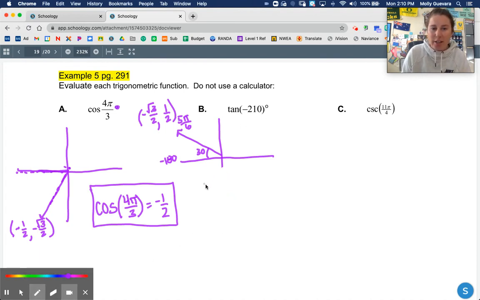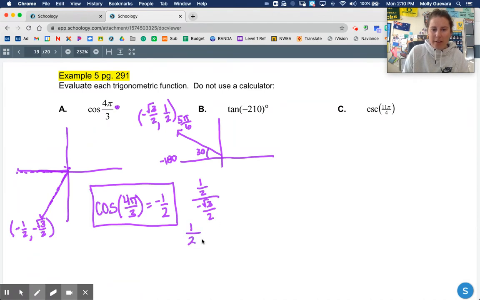And it wants tangent, right? So it wants y over x. So 1/2 over negative root 3 over 2. And we don't like to write it like that. We'll write it next to each other, negative root 3 over 2. How do we divide fractions? Copy dot flip. So 1/2 times negative 2 over root 3. The 2's can cancel, and I get negative 1 over square root of 3.